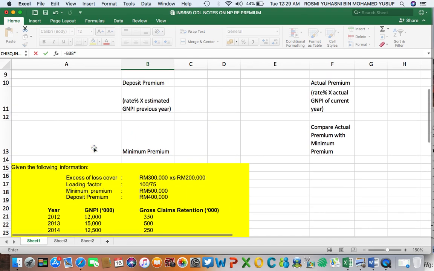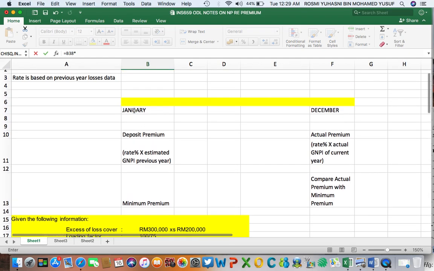Why is it estimated? Because at the beginning of the year, the reinsurer cannot confirm the actual GNPI, because the actual GNPI is only known at the end of December. So at the beginning of January, to calculate deposit premium, the GNPI that they can use is just based on estimation of the previous year GNPI.